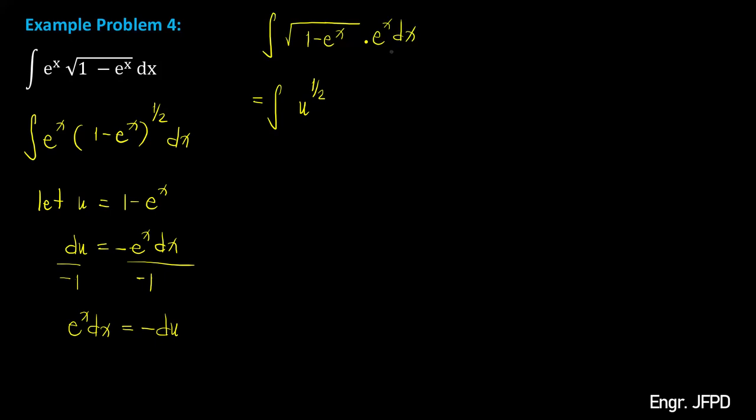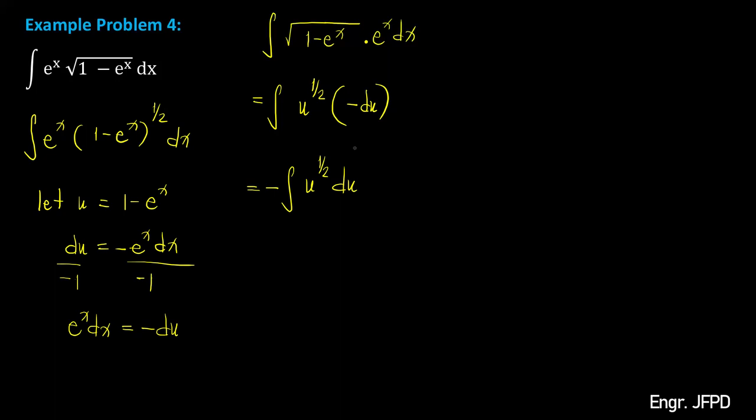And for our e raised to x dx, that is equal to the negative of du. Then let's factor out this negative sign, or this negative 1. This will become negative 1 times the integral of u raised to 1 half du.